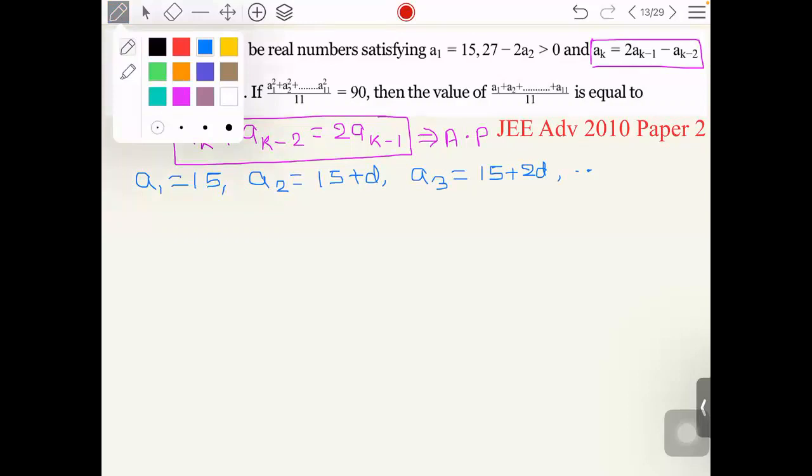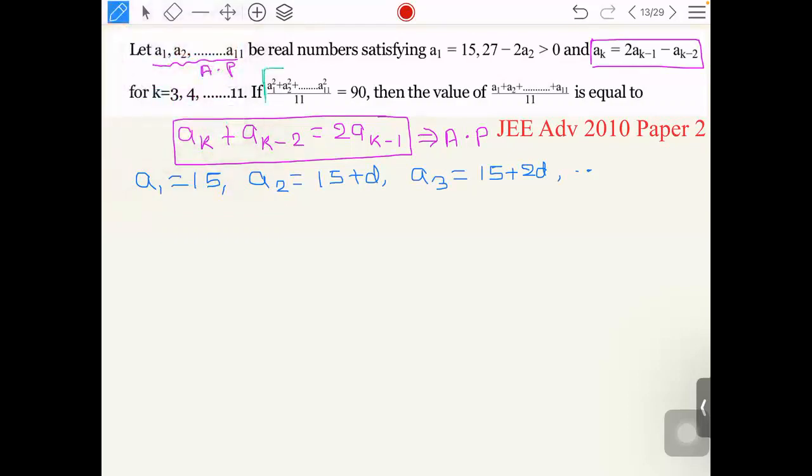We have given information as (A1 square plus A2 square plus dot dot dot A11 square) by 11 is equal to 90.